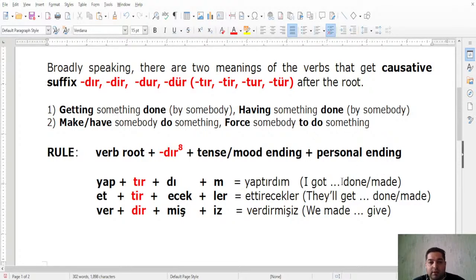Yaptırmak, verdirmek, gördürmek, ettirmek, uzattırmak, aldırmak, and so on. You see, that's how we add dır, dir, dur, dür, tır, tir, tur, tür after the root, and then we add the tense ending and the personal ending.